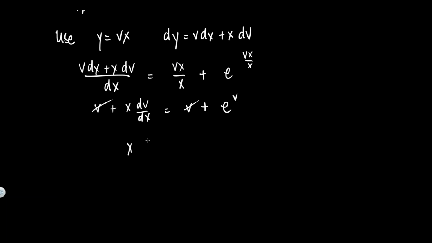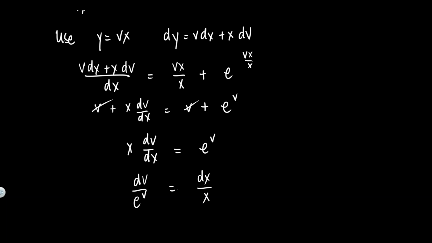Natira is x dv over dx equals e raised to v. Then this is a variable separable type. So paano nang gagawin natin dito? So pagsamahin natin yung mga v sa dv and x sa dx. Okay? So we have here dv over e raised to v equals dx over x.